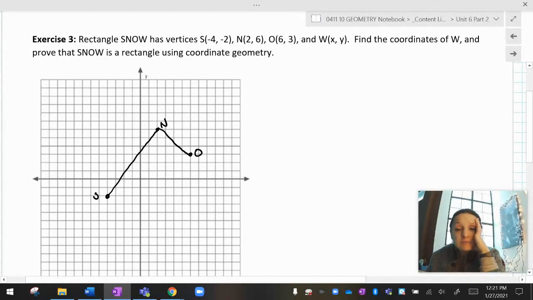We're just going to count it, because however I get from N to S is the same way I should get from O to W, right?